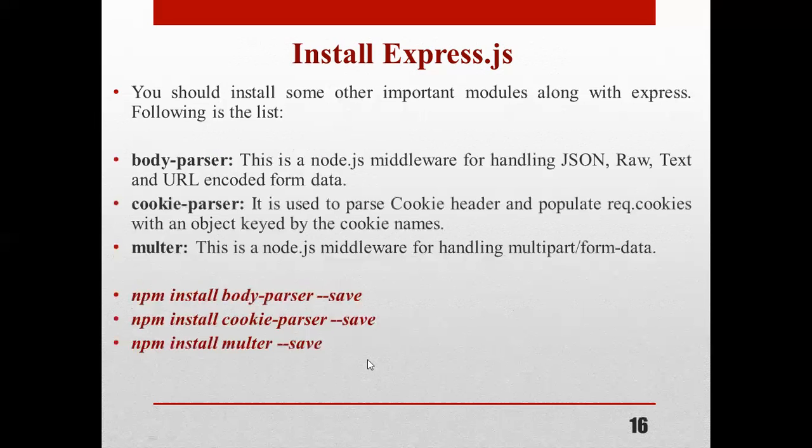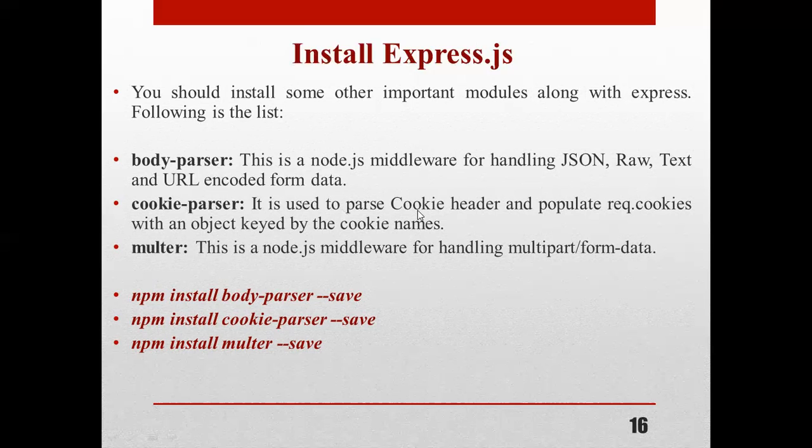Then we have to install some other important modules along with the Express framework, like body-parser, cookie-parser, and multer. Body-parser is a Node.js middleware that provides handling of JSON, raw text, and URL encoded form data. For that, we need body-parser. Then what is cookie-parser?